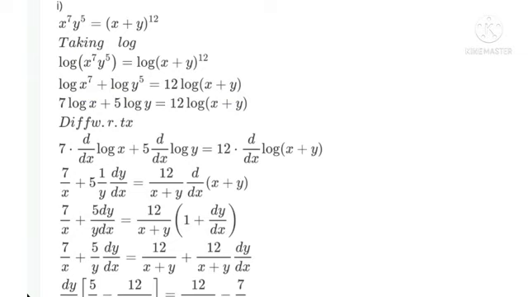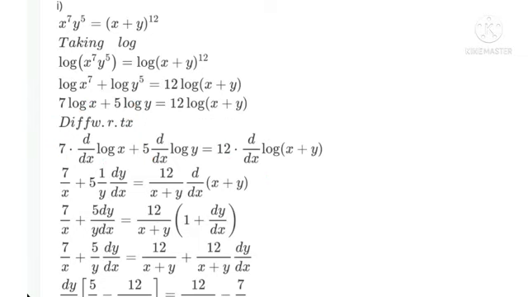Again you use the logarithmic rule. 7 log x plus 5 log y is equal to 12 log(x plus y). Now differentiate with respect to x. We get 7 as it is, derivative of log x, 5 constant term as it is, derivative of log y, is equal to 12 as it is, d by dx of log(x plus y).